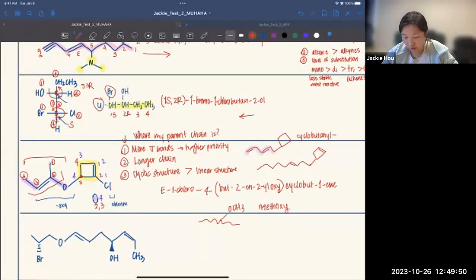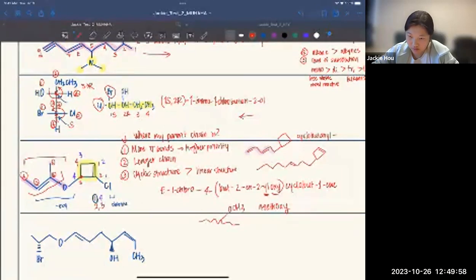That's kind of how we do it. But because this is a branch, we have to include the alkyl with it, and then we just put the oxy at the end. I don't need to note the alkyloxy group in the parent cyclic chain as well, connected to the oxygen.